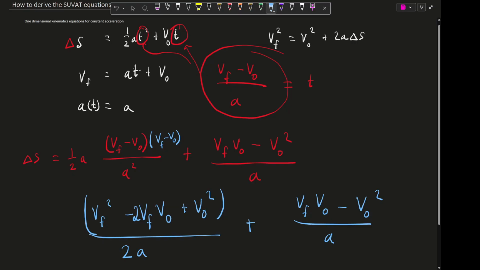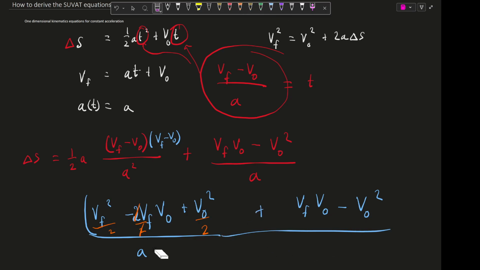But if I just take this 1/2 and distribute it into these terms, so if I have this term divided by 2, this term divided by 2, hey, that's cool, those cancel. And these also are divided by 2. Well, now these all have the same denominator, and I can extend the parentheses here, and I can just say, let's add all of this, and it's all divided by a.